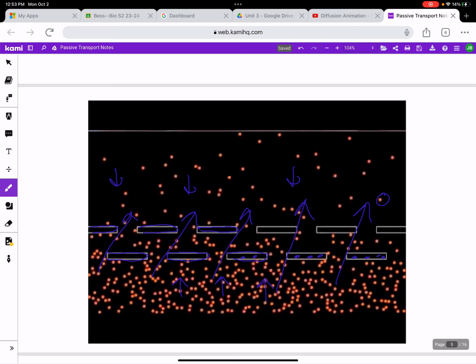So I'm going to show you this video of the membrane, and I want you to pay attention. Just pick a couple individual molecules and watch what happens. Notice that their movement is random because remember, there's no input of energy. There's no wind blowing, there's no flow. It's randomly how they bump off of each other.